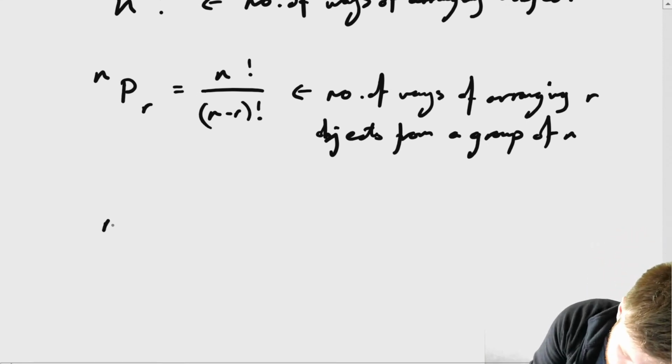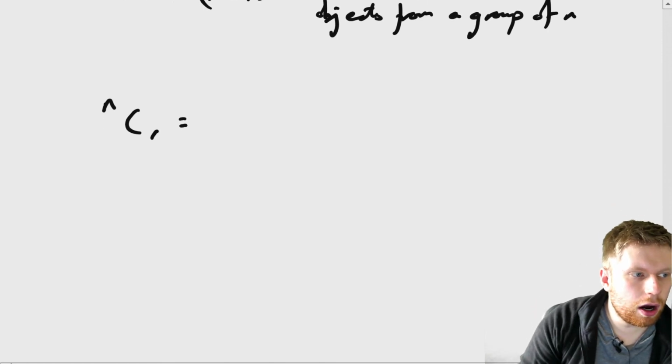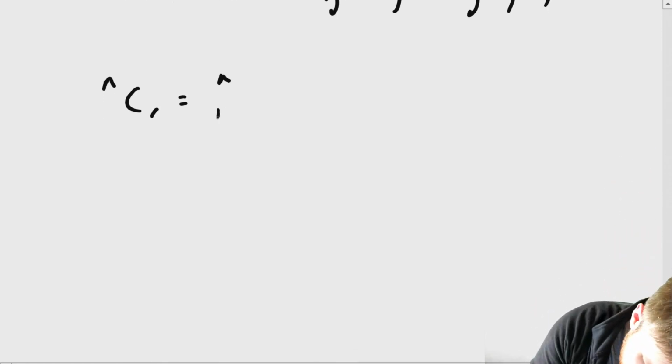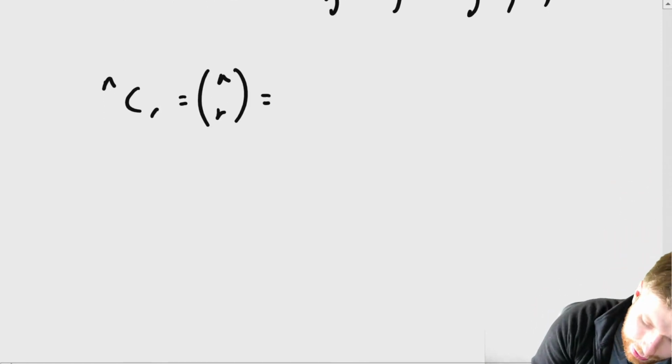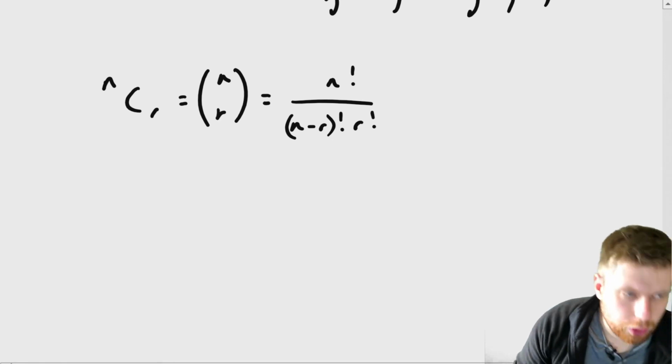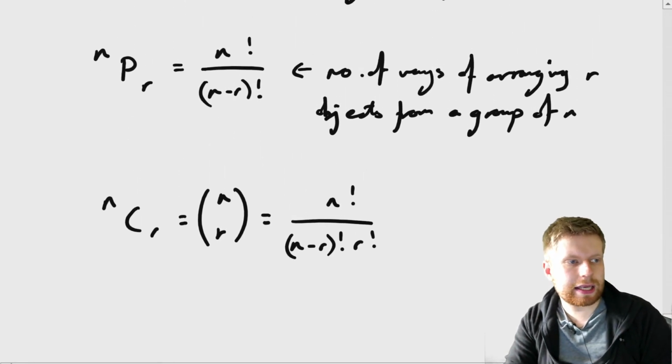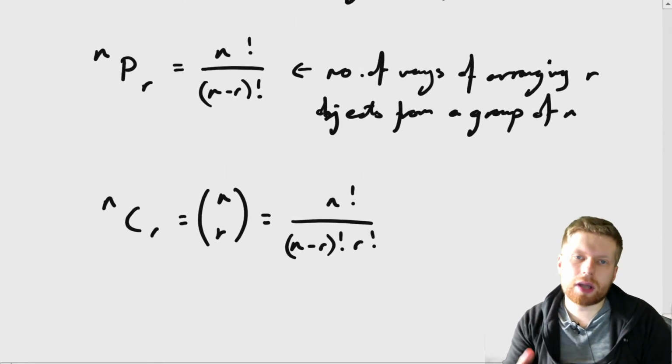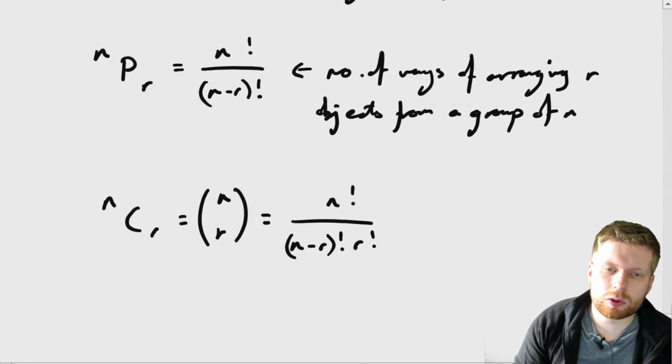And then finally, we looked at nCr. There are a couple of different notations. You could either write nCr or you could write it like a vector, like this. The way to calculate it was n factorial divided by n minus r factorial, but then you divide by another r factorial. So it's basically nPr divided by the number of different ways of arranging the objects that you're selecting.